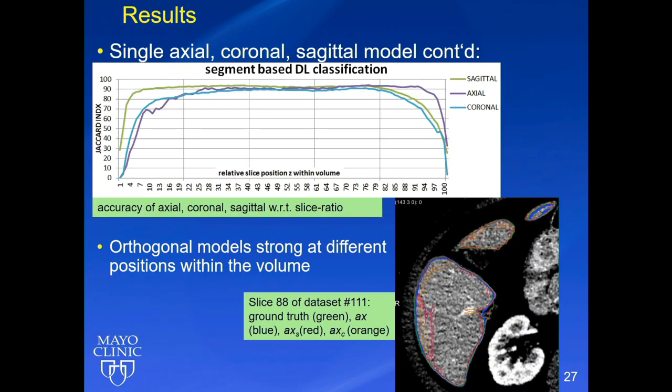So incorporating coronal and sagittal, if you have a look at where they are of highest accuracy, you see in the lower sections the sagittal and coronal are pretty good, better than the axial. At the top, close to the heart, it's not what we expected, exactly the opposite there. The axial model is still good, better than the others.